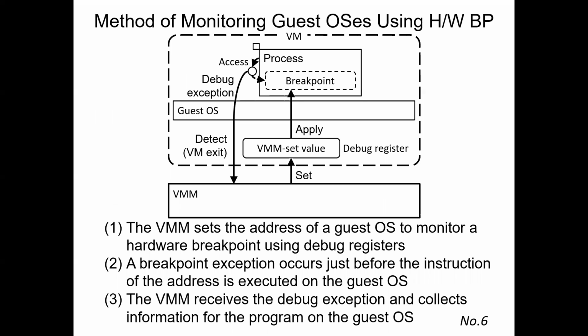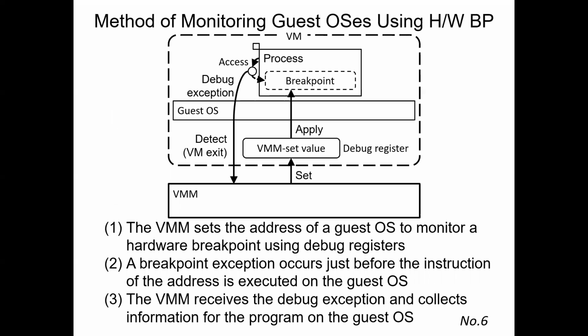This slide shows the overview of a monitoring method of guest OSes using hardware breakpoints. The figure shows the overview of the VMM-based monitoring method. We assume that the monitoring method monitors the behavior of a process on the VM.